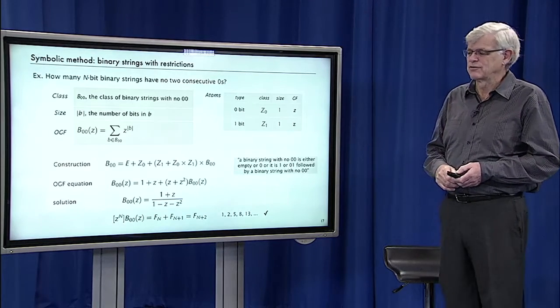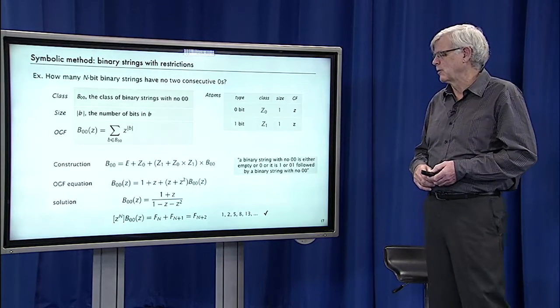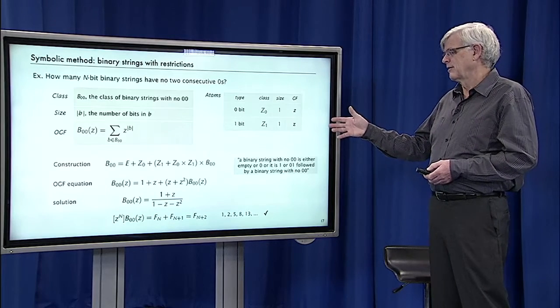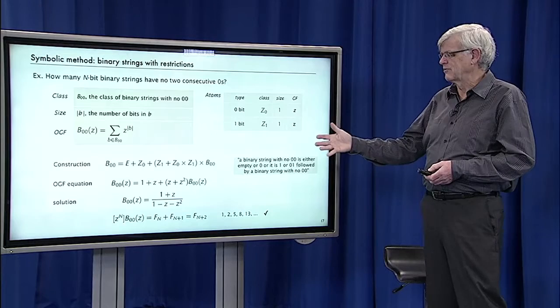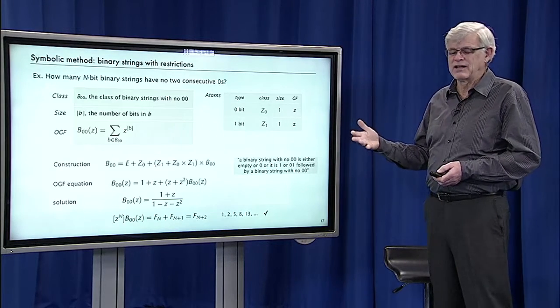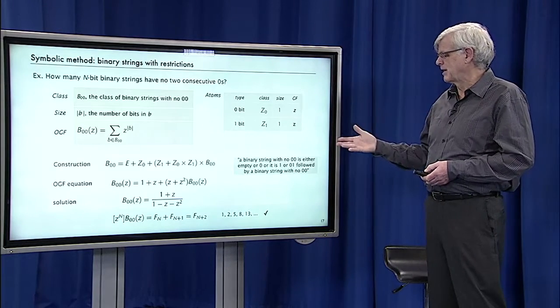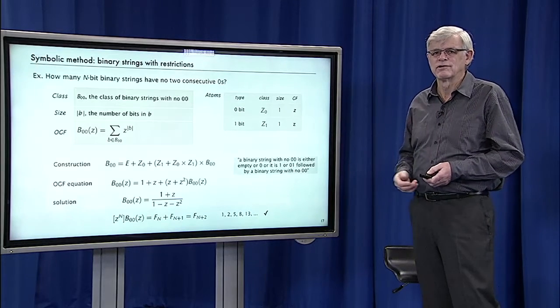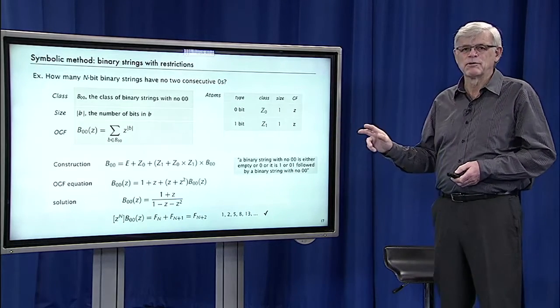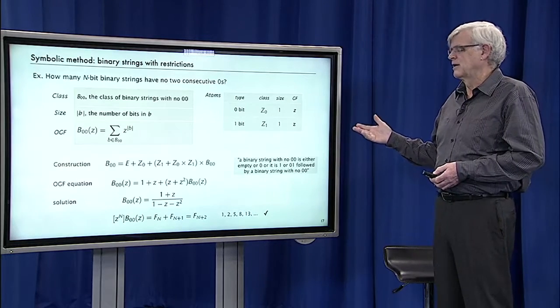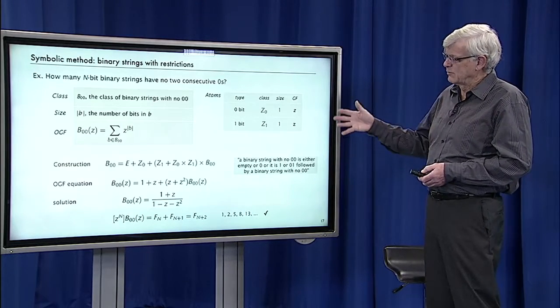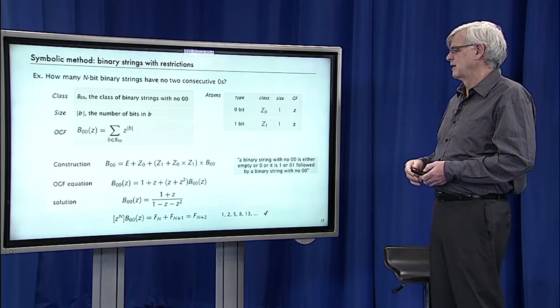Many of you probably noticed that it was Fibonacci numbers at that point. And it's clear that this argument and this process is going to extend easily for binary strings with other kinds of restrictions. The trick is coming up with a construction that precisely describes your class, but often that's not difficult. And again, we'll look at a general treatment of this later on in the course.